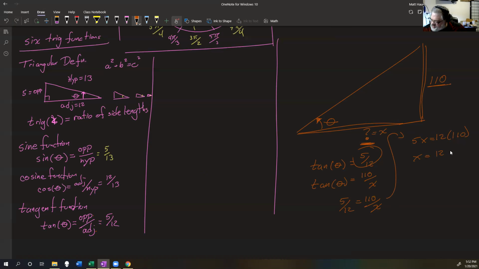So x is equal to 12 times 110 divided by 5. It's 264, I think. Right?